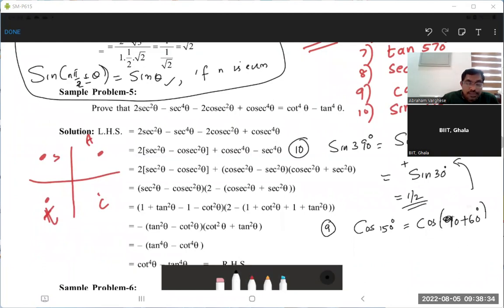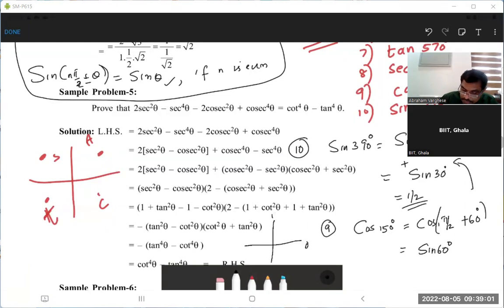That means 1 into pi by 2 plus 60. I write in that form. So 1 is an odd number. So cos will give a sine. So it will be sine 60, its complementary.